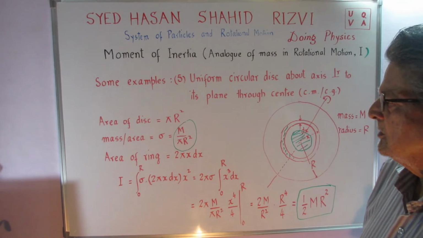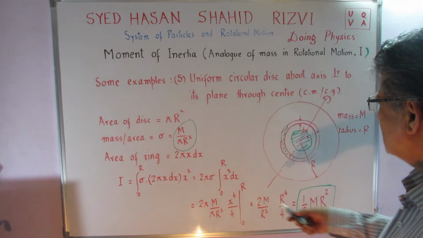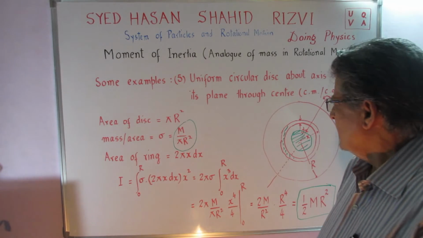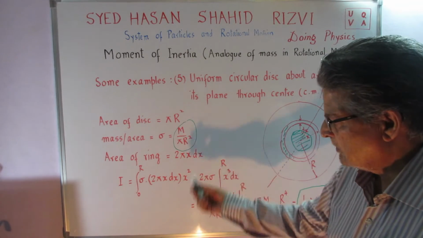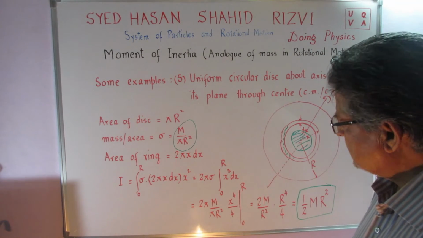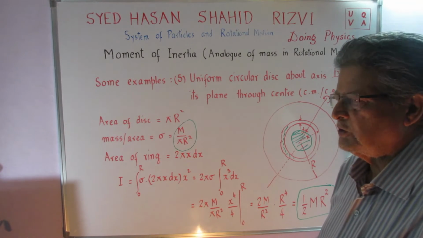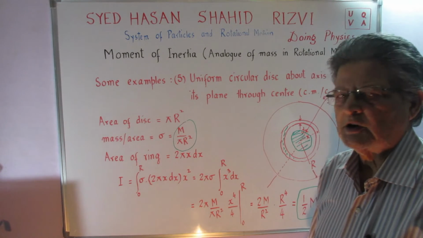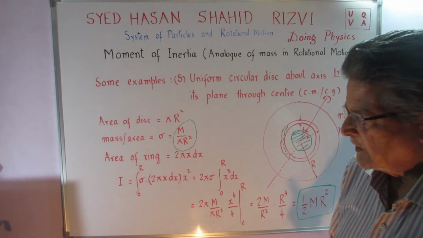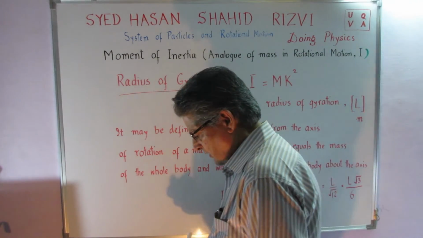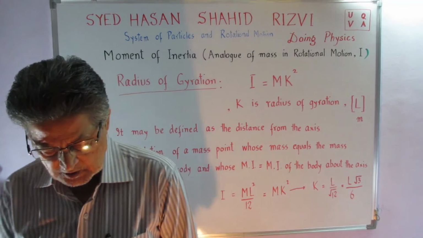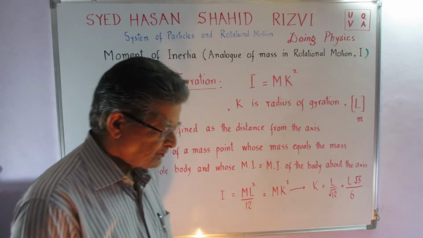Now next, before indulging into calculations like that for the bodies of geometrical shape for which the calculation can be made easily, I will define to you a general term which is known as the radius of gyration.